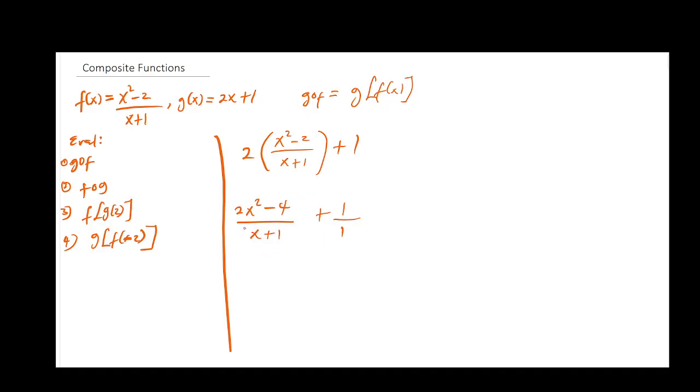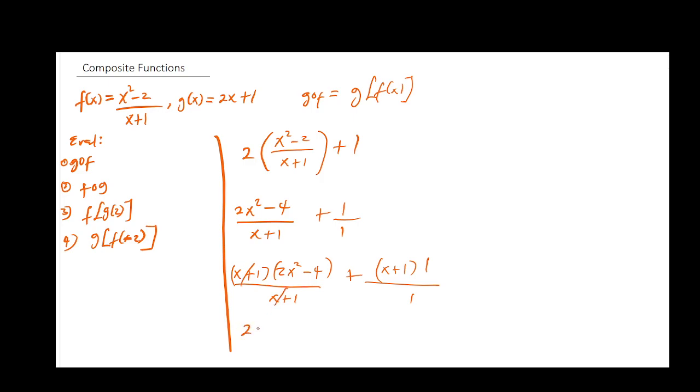Now there is a common denominator here, and how do we solve that? We multiply through with a common denominator, which is x plus 1. So x plus 1 multiplied by the numerator, which is 2x squared minus 4 all over x plus 1, plus x plus 1, which is the common denominator, multiplied by 1 all over 1, and this can cancel out.